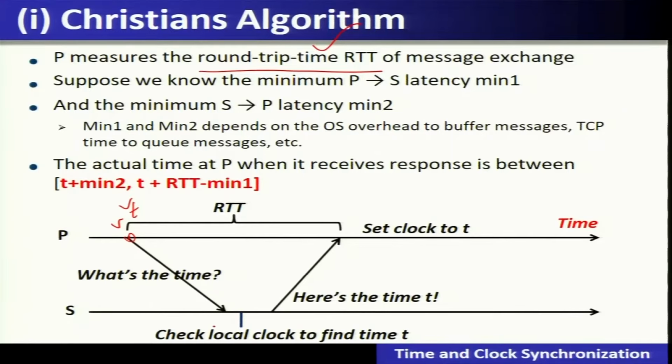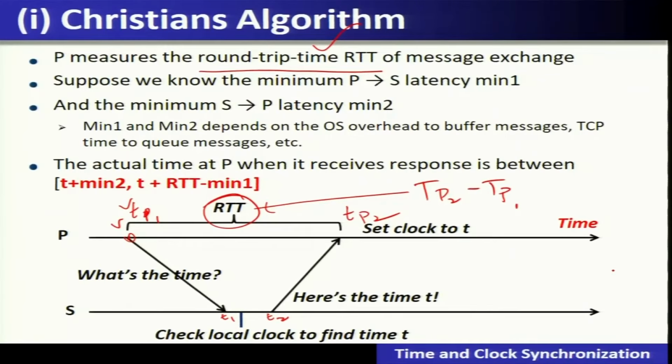Let us say at time t of the clock S, it receives the message and then sends the reply back at, let us say, time t2, and P receives it at TP2, having sent at TP1. So, TP2 minus TP1 becomes the round trip time, the time it takes to send to S and for S to give back the reply. This is called round trip time.